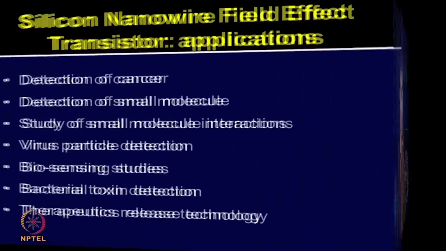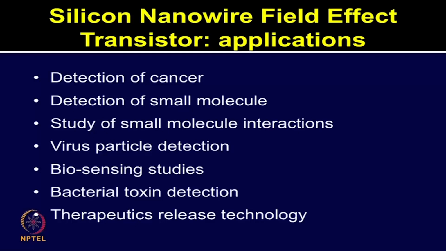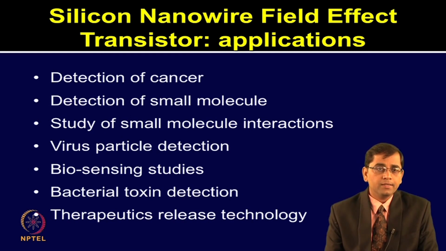Despite some of the challenges and demerits of silicon nanowire field effect transistors, they have been applied for various types of studies in proteomics, including detection of cancer, detection of small molecules, study of small molecular interactions, detection of virus particles, different types of biosensing studies, and again similar to the viral particle detection, different types of bacterial toxin detection studies have also been performed by using this technique.